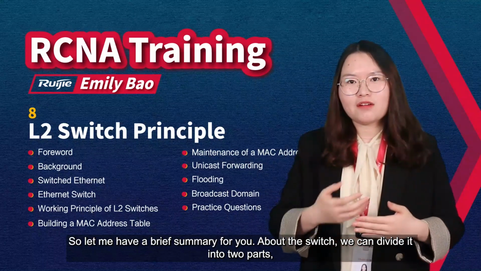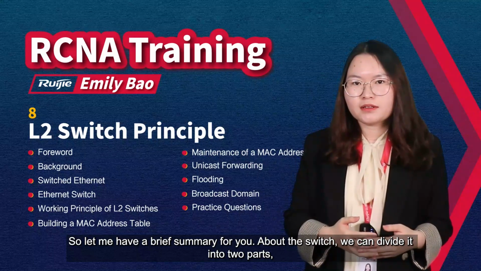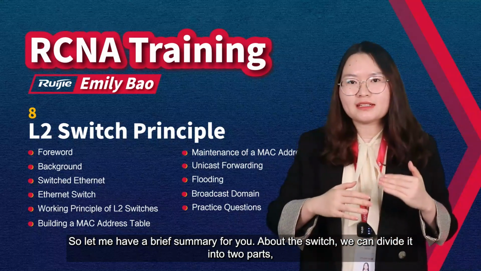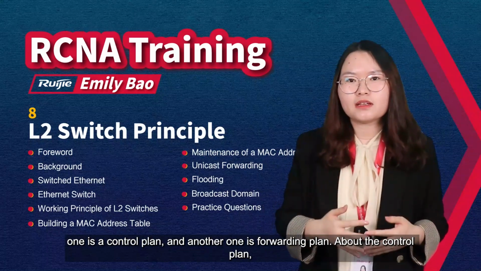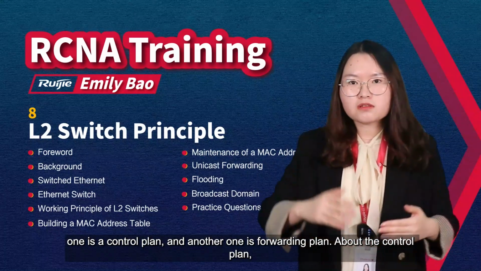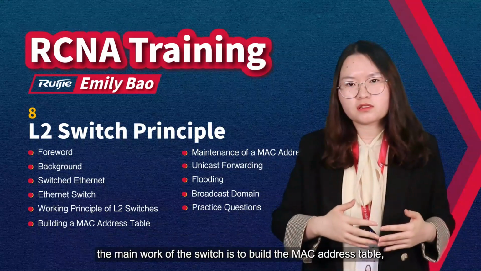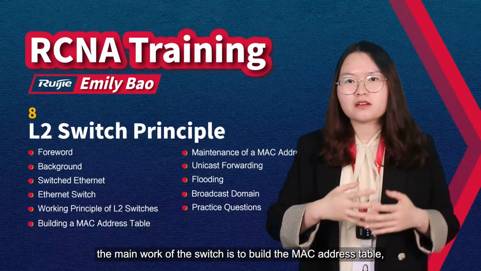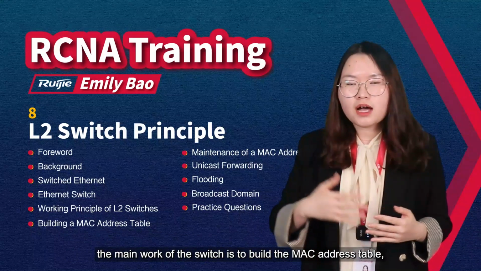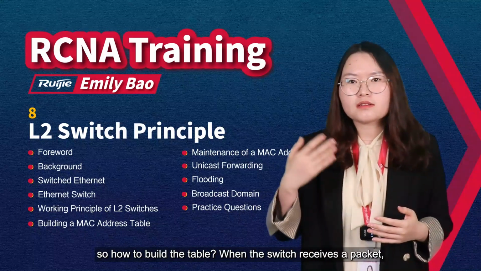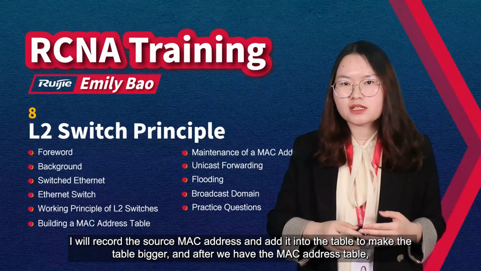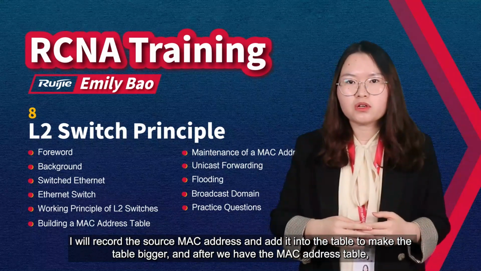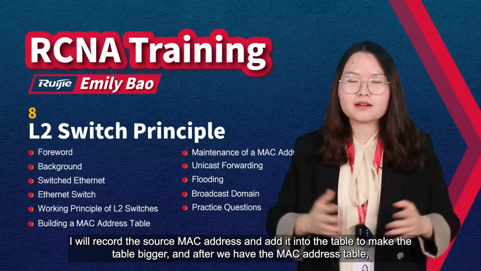Hello guys. Now maybe I think you already know everything about switch principle, right? So let me give you a brief summary. About the switch, we can divide it into two parts: one is the control plane and the other is the forwarding plane. In the control plane, the main work of the switch is to build the MAC address table. How do we build the table? When the switch receives packets, it records the source MAC address and adds it into the table to make the table bigger.